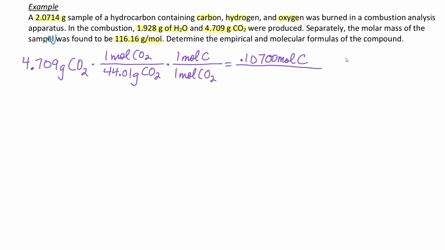Because this one does contain oxygen, I'm going to go ahead and change this into grams right here just to save some space. Plus my mole value is already in my calculator. So I can just multiply by the mass of carbon, 12.01, and I get 1.285 grams of carbon.